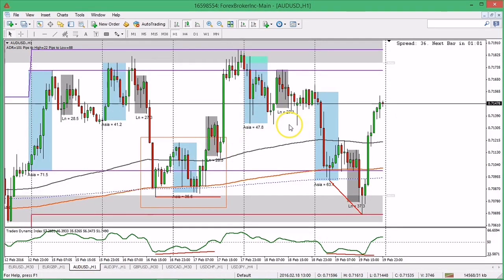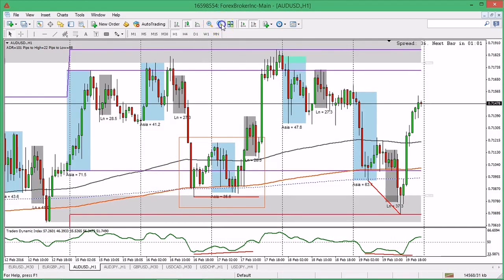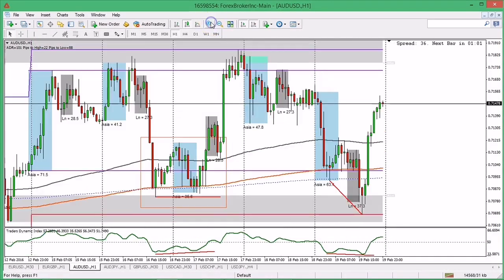Live and learn. So, right here I see more divergence. Right here, price made a higher high. Make sure to match up this trend line. See right here, price made a higher high, but as you notice here on the RSI line, it's slightly falling.